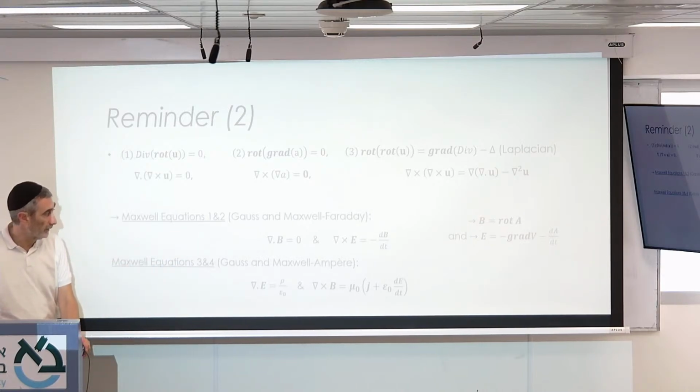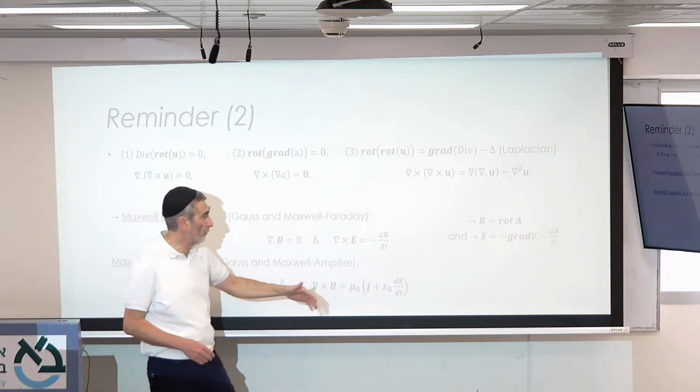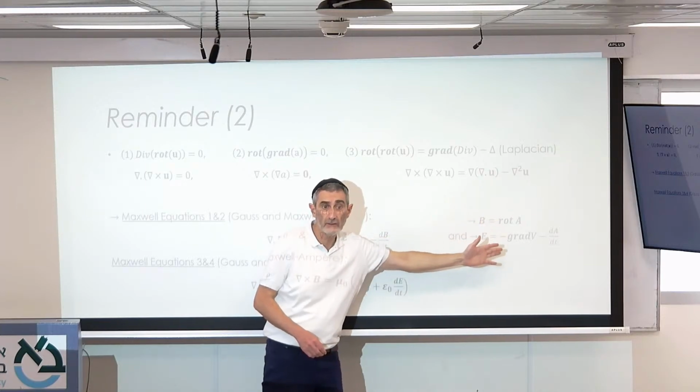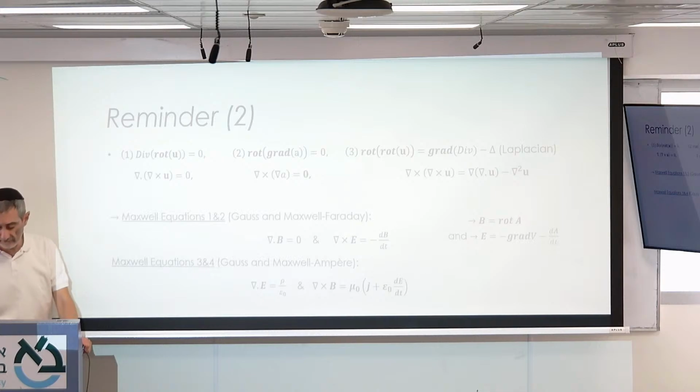We can write them in terms of E and B, or we can write them in terms of A and V. You can replace and get similar equations with A and V. If you do that, you come up with equations which are mixed between A and V; they are not decoupled.